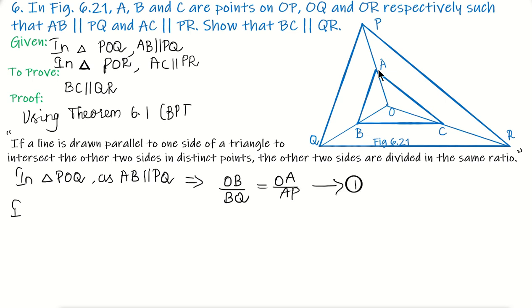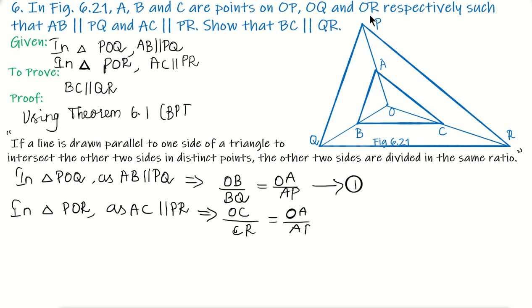Now in the other portion, in triangle POR, as AC parallel to PR, which implies that இங்க எந்த sides பார்த்தோம்னா OR and OP sides divide பண்ணுது. So we get OC by CR. Is it? OC by CR is equal to OA by AP, equation 2. So right hand sides are same, very clear இருக்கு. So that we can equate the left hand side.